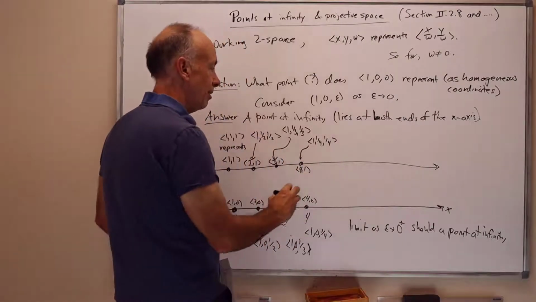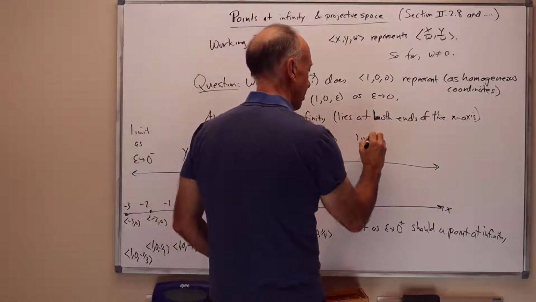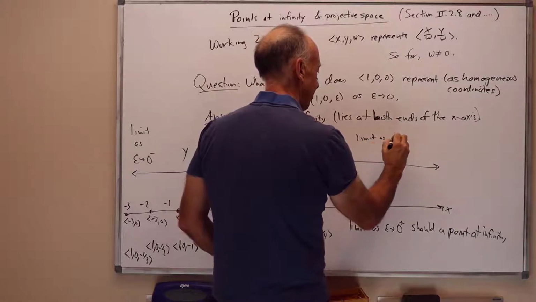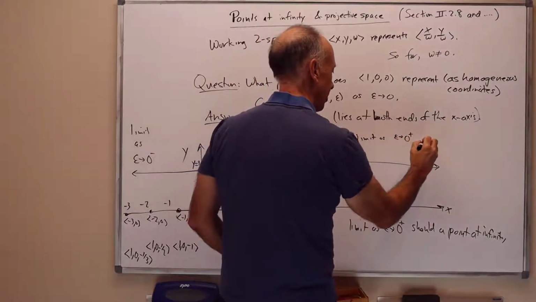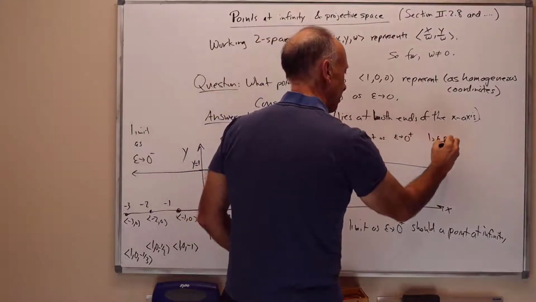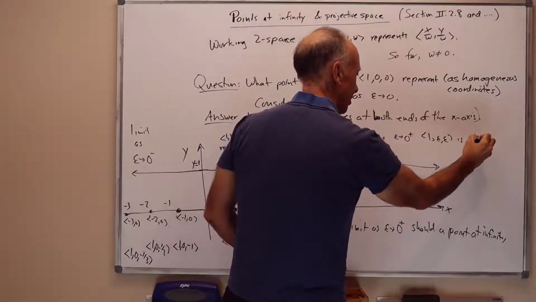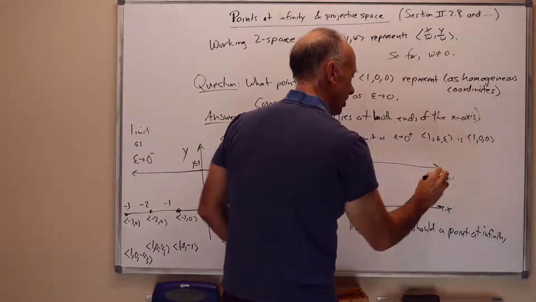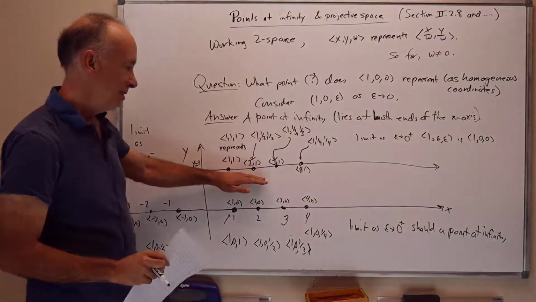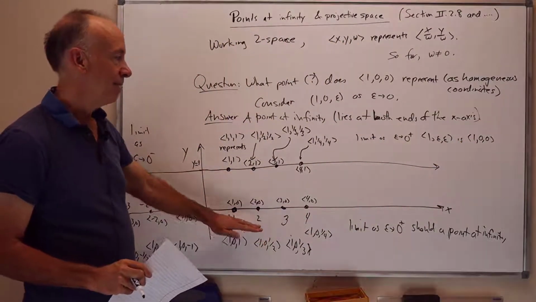So again, the limit here as epsilon tends to 0 plus in the picture here of 1, epsilon, epsilon, is of course 1, 0, 0. It should be the same point at infinity at the end of this line as at the end of this line.